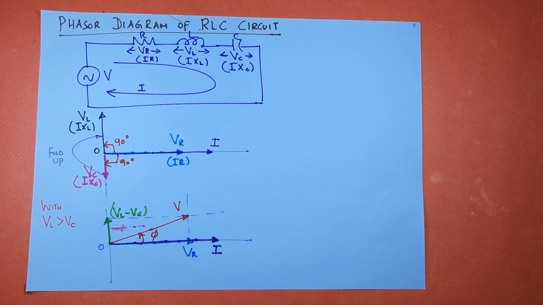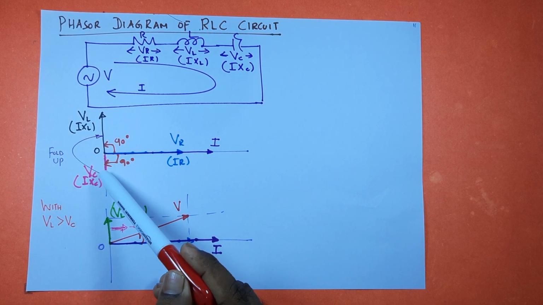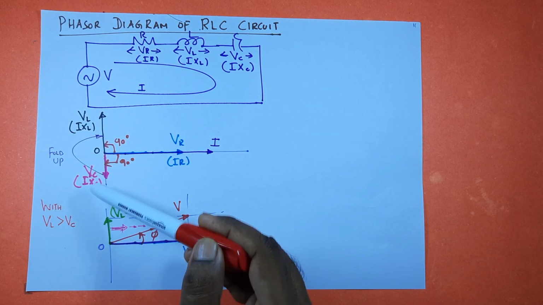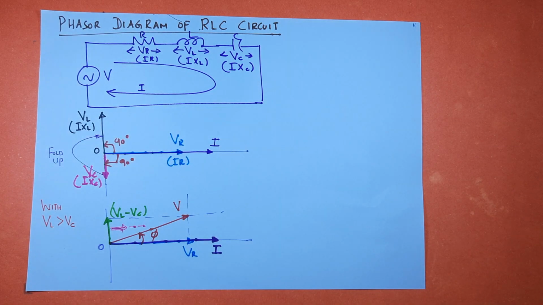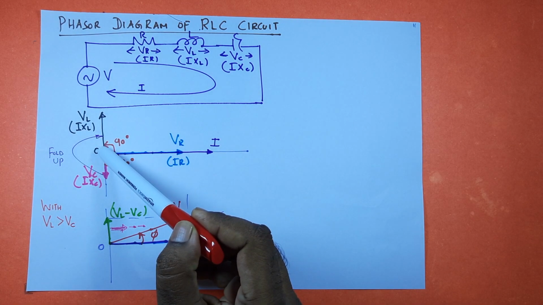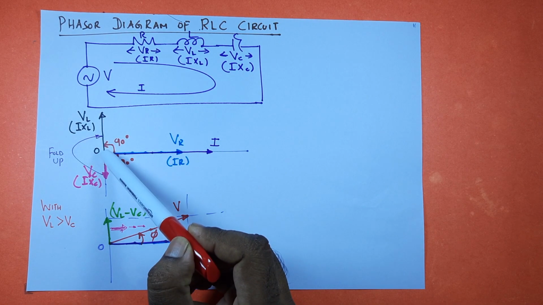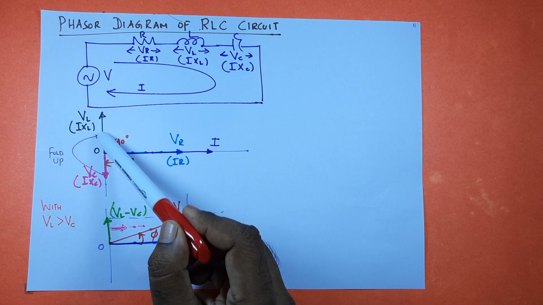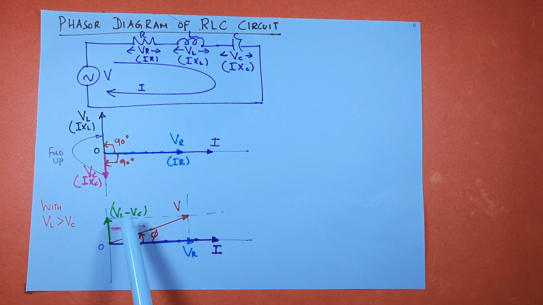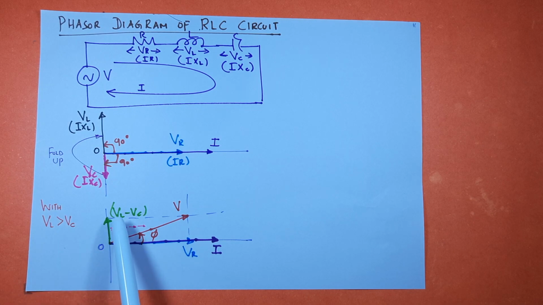So what we are doing is folding this like this, so now this will become minus VC. From this VL you subtract this VC because you changed the position. So the resultant is going to be, because VL is greater, VL minus VC.